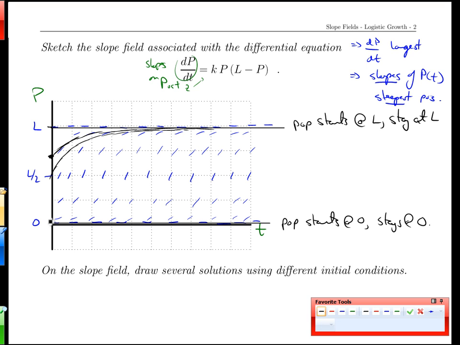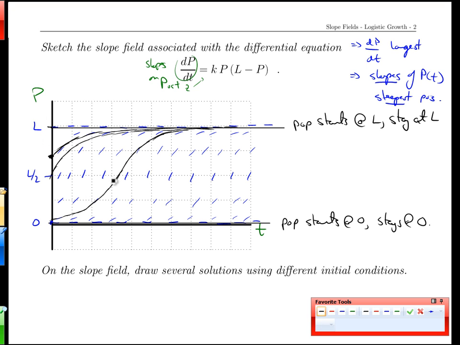Where it gets more interesting is when we start down with a low population. Let's start right down here. Every time we hit one of these lines, we should be going at the slope dictated by them. Lovely. If we start with a small population, what do we see initially? We see initially something that looks like it might be growing exponentially. So we see fast growth because we're nowhere near the limits on the population.